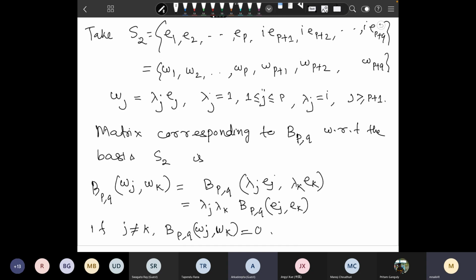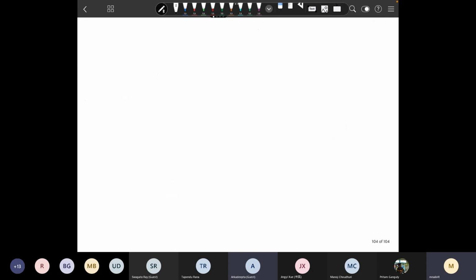You will also get B(P,Q) of Wj and Wj equal to 1 for all j. So you will get the diagonal elements 1 and the others 0.